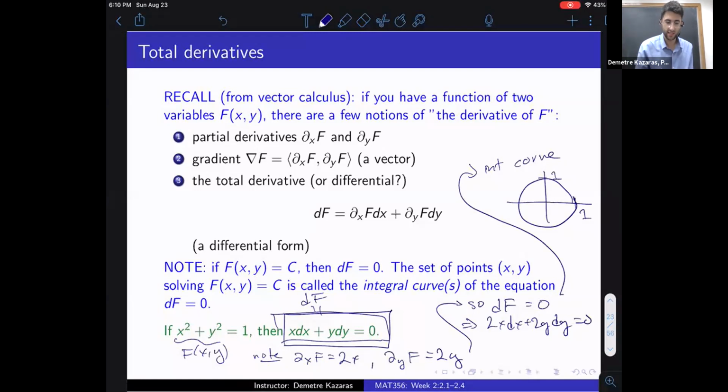As we just discussed, the set of points solving that equation is the set of points which are distance 1 from the origin, and that describes the circle. Okay, so that's a roundabout way, the first solution, the first solving of a differential equation in this form.